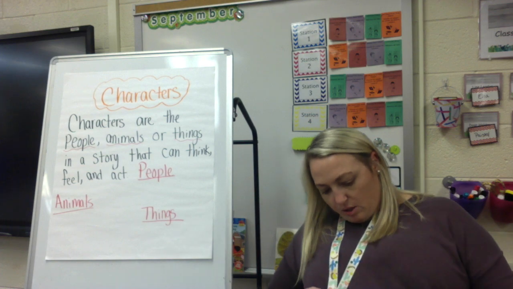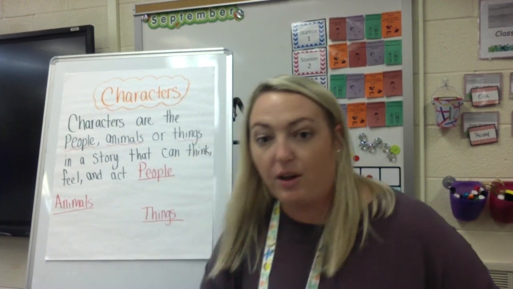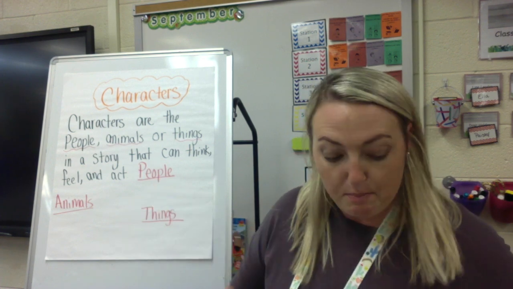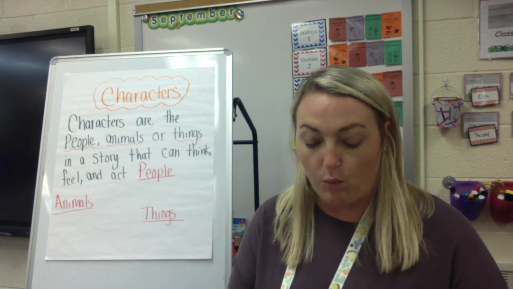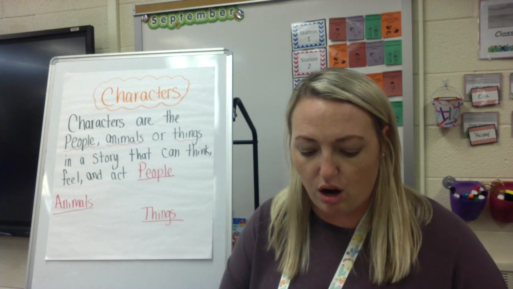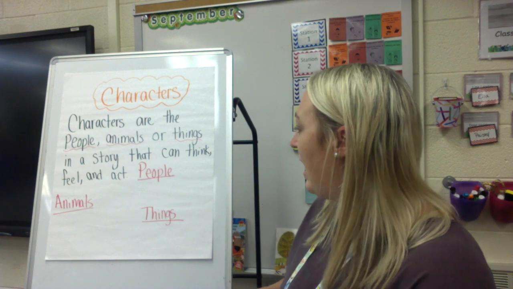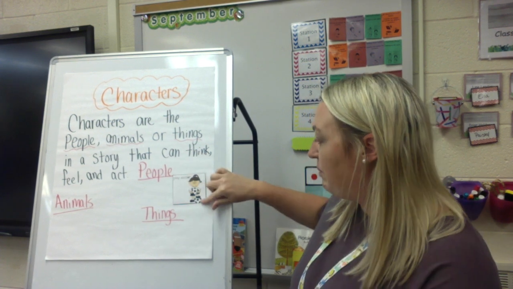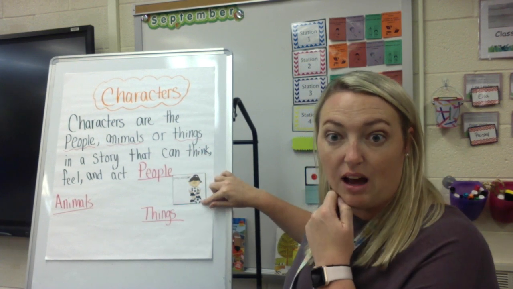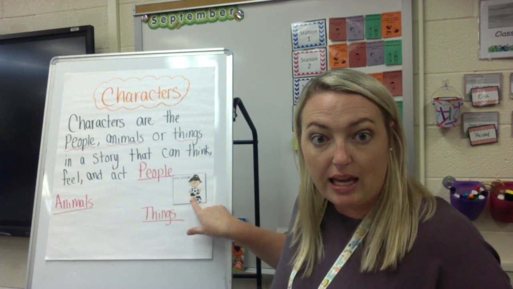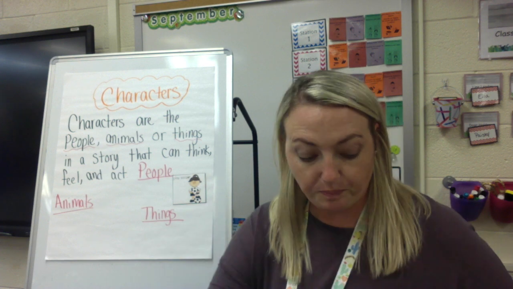Miss Bumgarner's lost her marker, so hold on. Okay, got it back. Okay, so if we say people, well, we know who people are. So people usually do talking in the story. So I have a little girl here, and it looks like she's happy and she likes to play soccer. So this is a character who may play soccer in a story, a little girl.